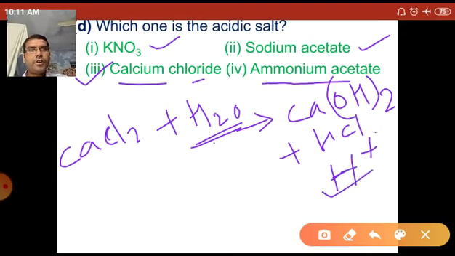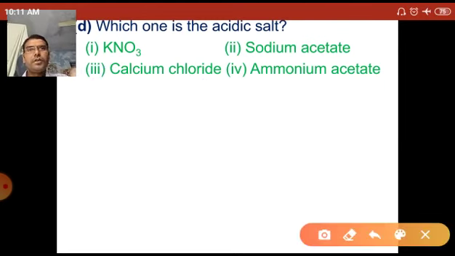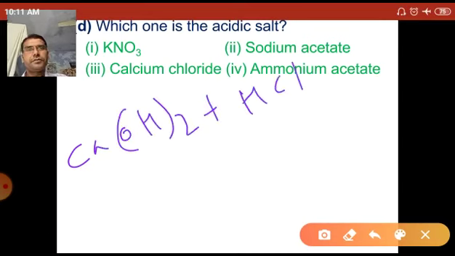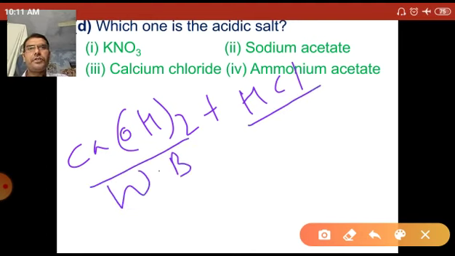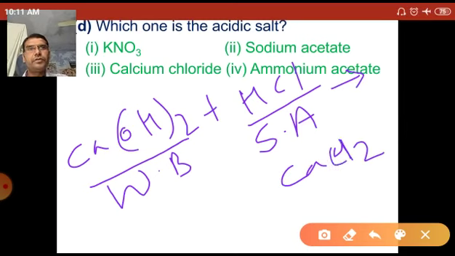Then the second way. Calcium chloride is prepared from calcium hydroxide and HCl. Calcium hydroxide is a weak base, and hydrogen chloride, hydrochloric acid, is a strong acid, so they form the salt calcium chloride, CaCl2.